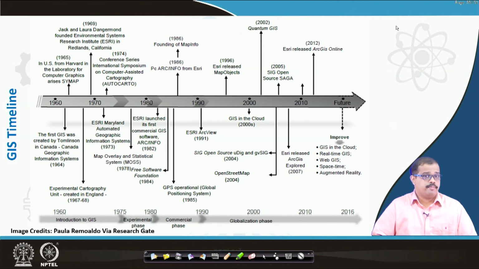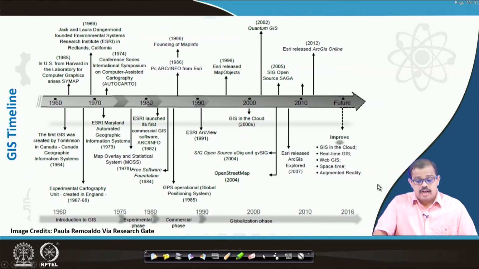Is the data interoperable? How do you save your data? How do you share your data? All of these are a very important part in today's context, when web GIS is taking over GIS in a big way, making it possible for every citizen of this country, or across the globe, to look at the GIS data.